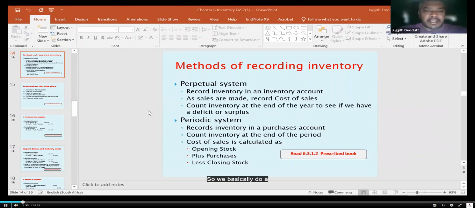So when you physically do a stock take, we then discover what your cost of sales or your stock on hand. So the difference here, when we're looking at the perpetual, we talk about inventory, and we look at this. It is important here to understand is under the periodic system that, okay, so that's what we talked about last week. On Monday.